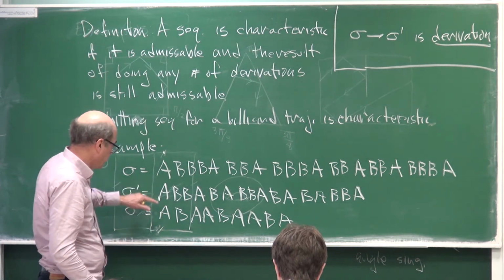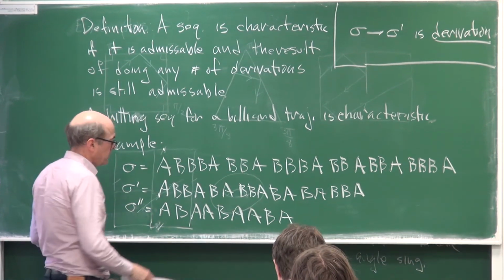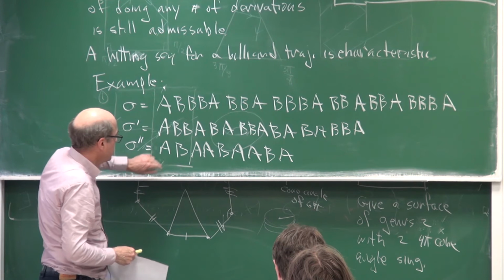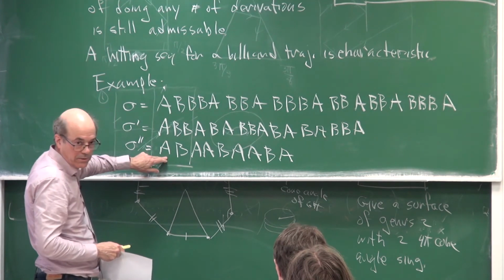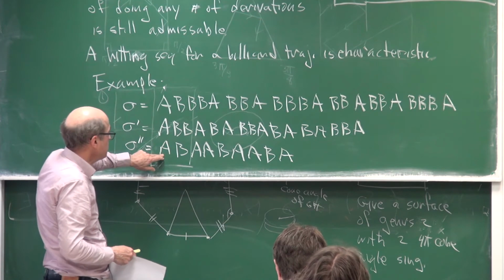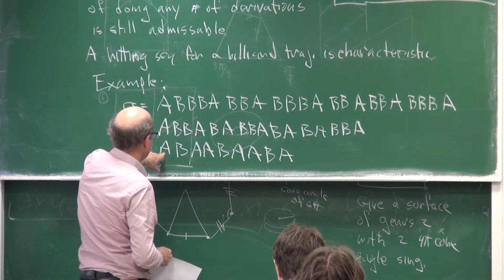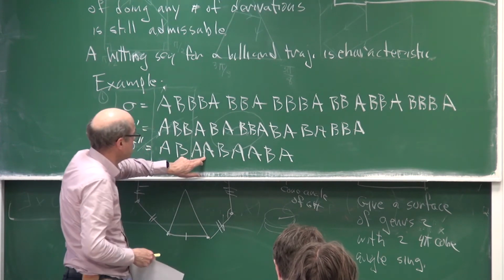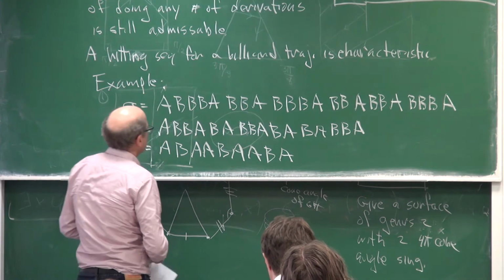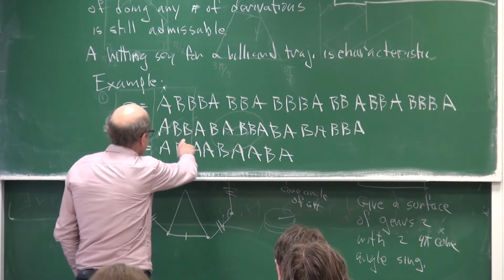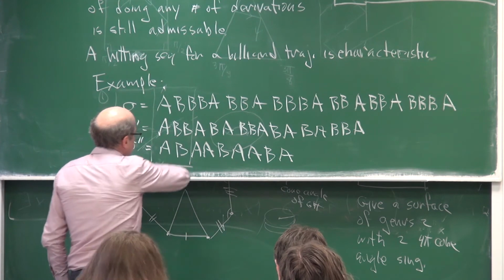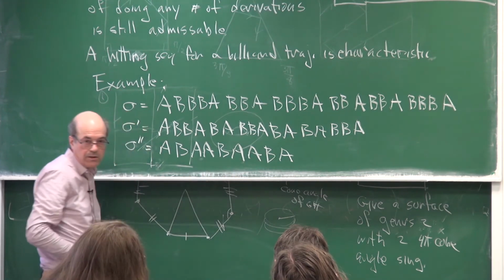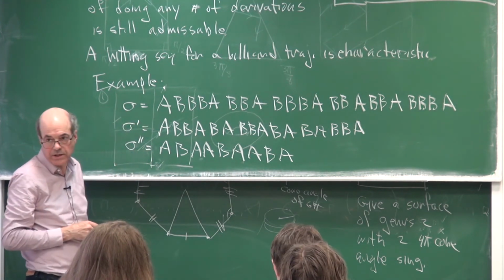Okay, so the conclusion is that sigma double prime needs to still be admissible, right? That tells us that in sigma double prime we're seeing pairs of A's together, so we can never see pairs of B's together.